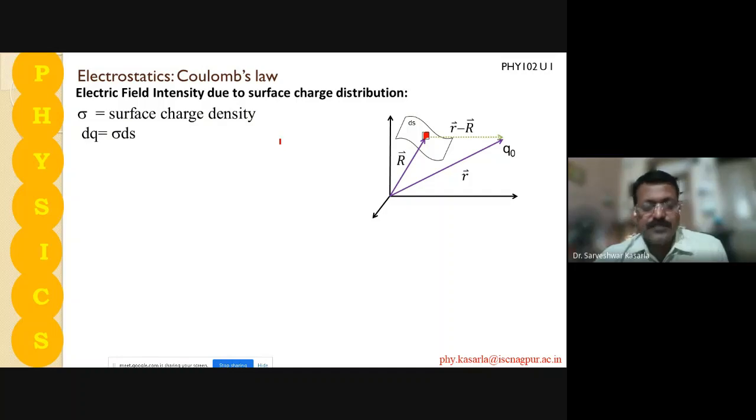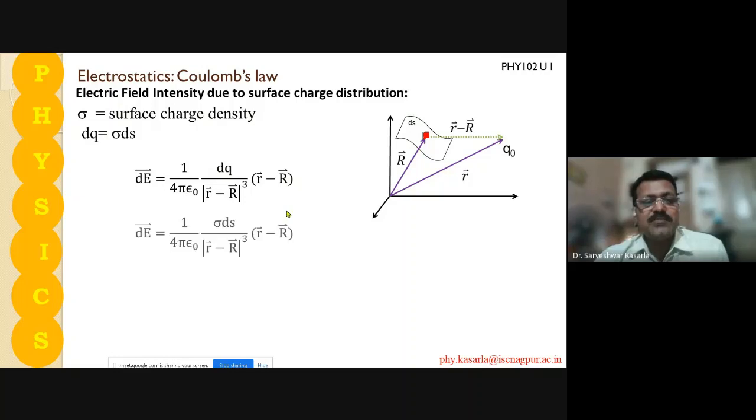So here the expression for the small intensity due to the small area will be dE is equal to 1 upon 4 pi epsilon 0, dq upon mod of r minus R cubed, into vector r minus R. Now again, we just replace dq by sigma into ds. This is the final expression.